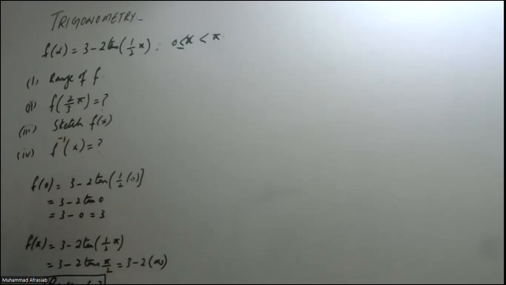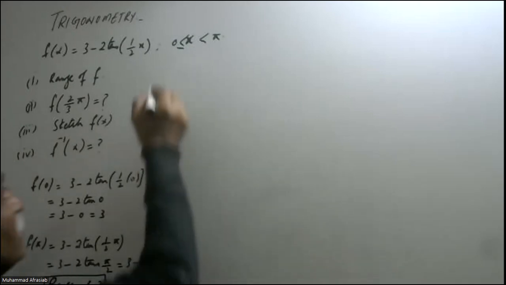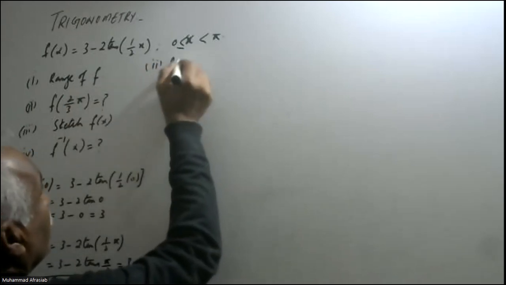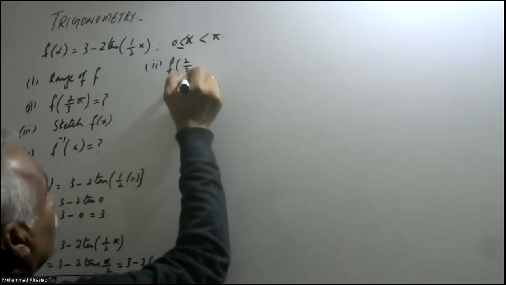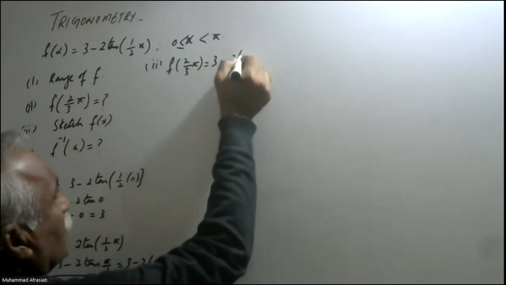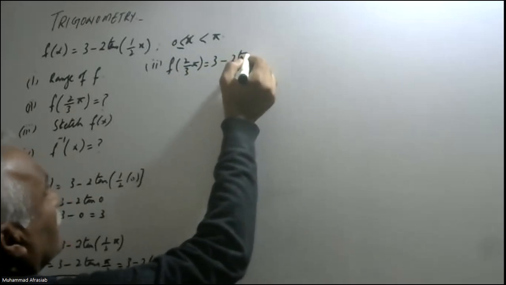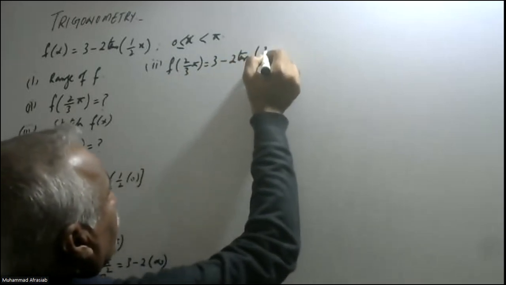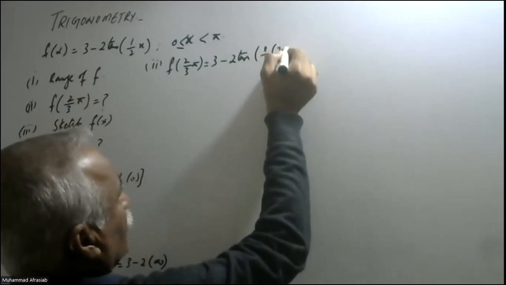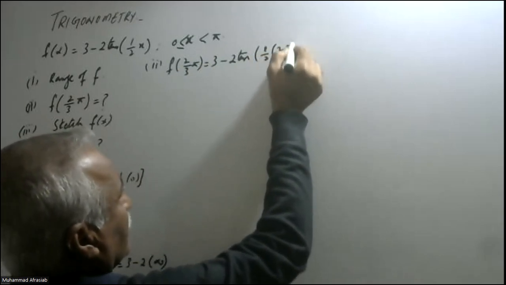Now for the second part, f of 2 over 3 pi. It should be equal to 3 minus 2 tangent of half into 2 pi over 3.